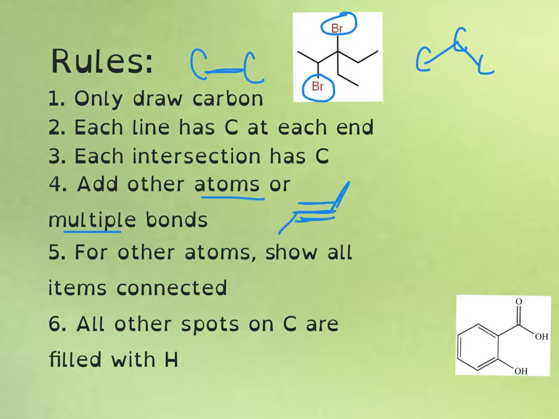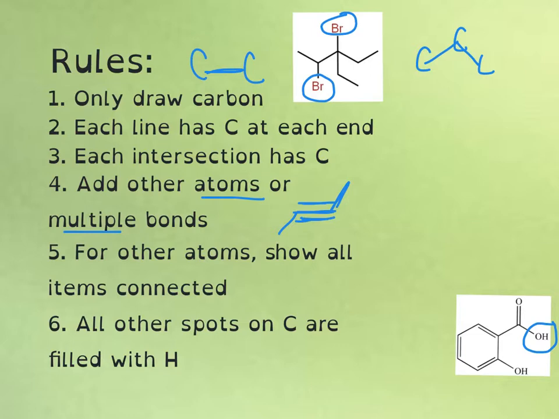And for any of the other atoms that are connected into your molecule, you have to show all other connections. So if it is just the bromine, those would all have the unshared electrons around it. But down here, you see an oxygen that's connected to a hydrogen. So you have to indicate all the other atoms that are connected.